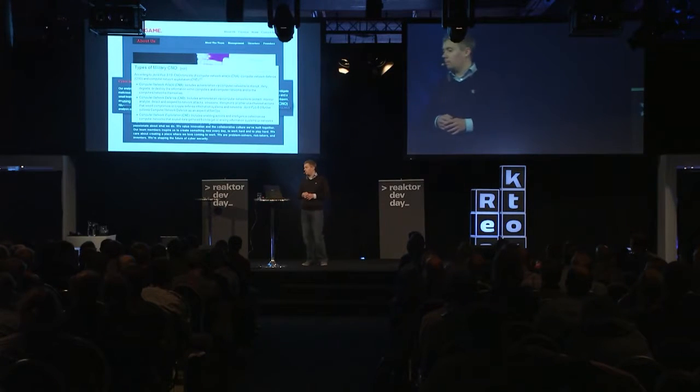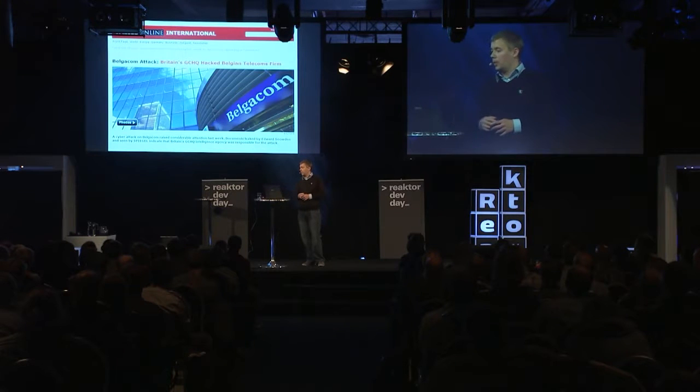And in the media, it ends up looking like something like this. Probably many of you saw this 2 weeks ago from Belgium. So Belgacom came out with the information that their mobile routing system was compromised. So the routers that route traffic from mobile phones got owned.